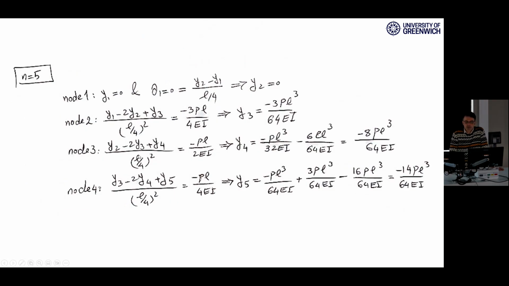You have 3 equations, and you really have y3, y4, y5 as unknowns, right? It is not iterative. You know y1 and y2 are 0, so put y1 and y2 as 0. You will get y3 straightforwardly from this equation. Put y3 here.